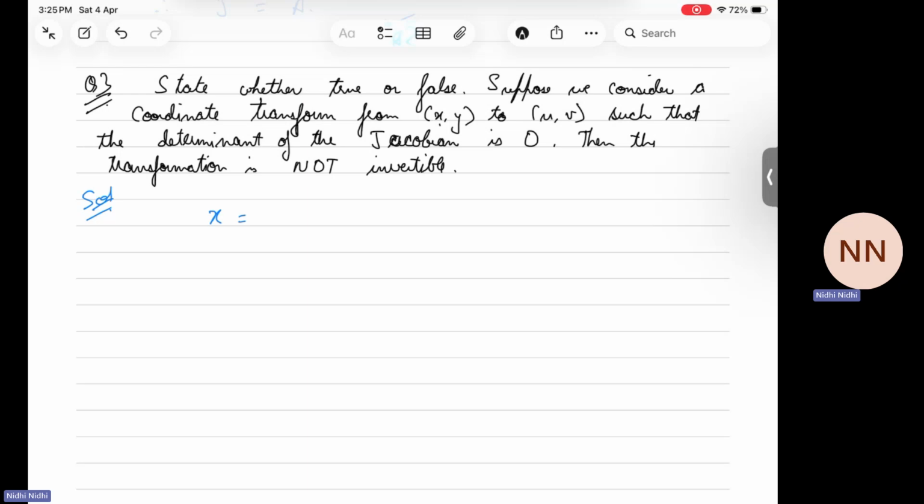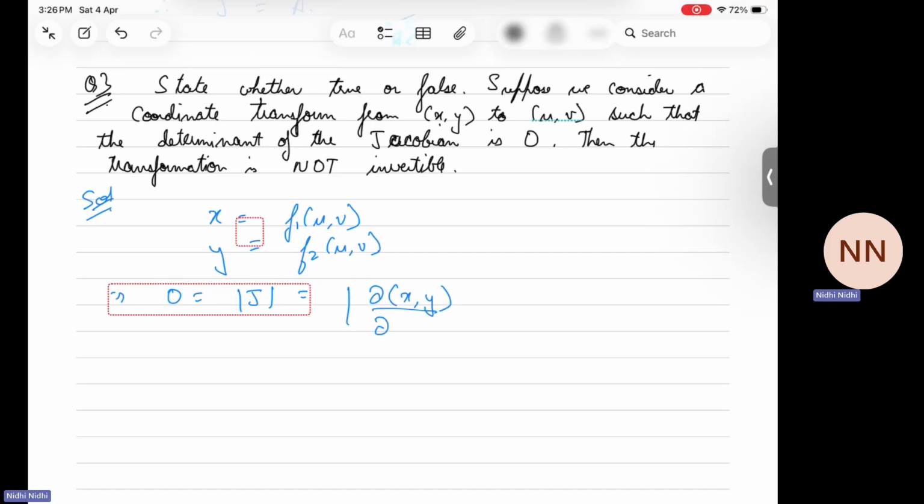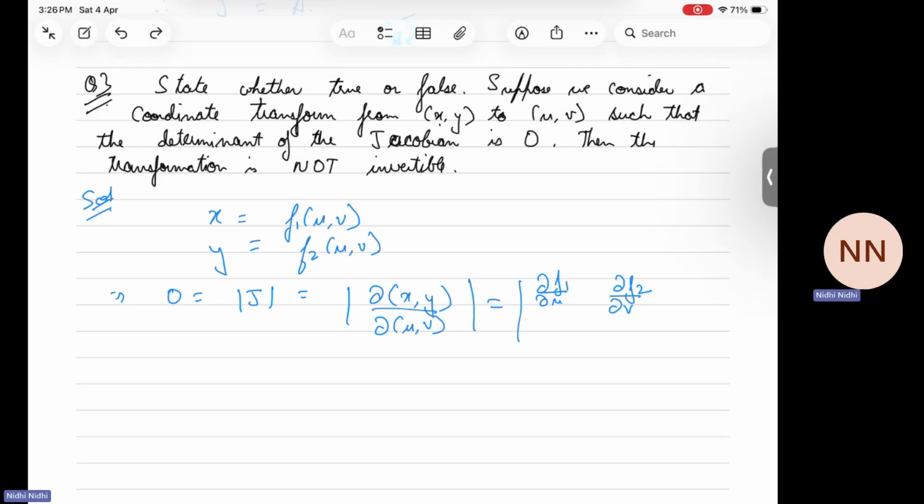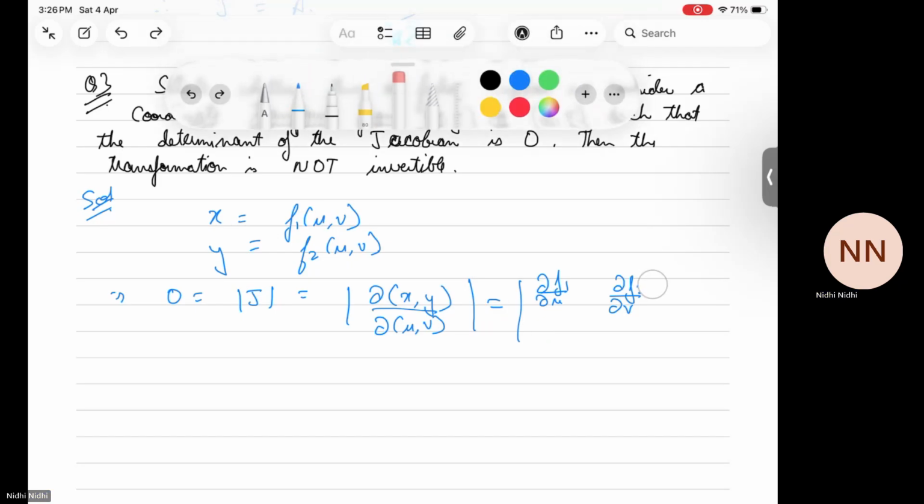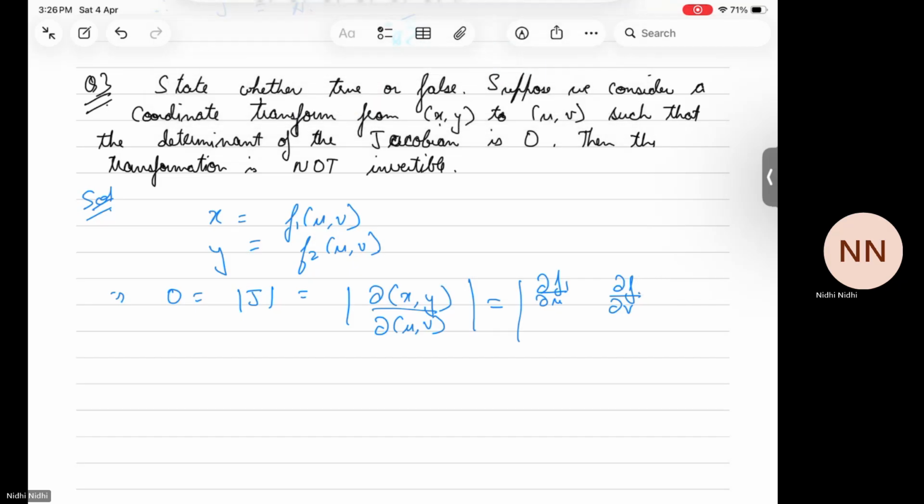Suppose we had x equal to some function of uv and y is some function of uv again, then we get 0, which is equal to the determinant of the Jacobian matrix del xy upon del uv, which is equal to del f1 by del u, del f1 by del v, del f2 by del u, del f2 by del v.